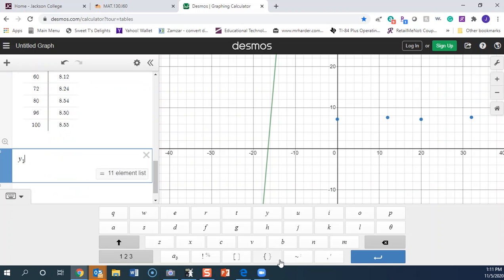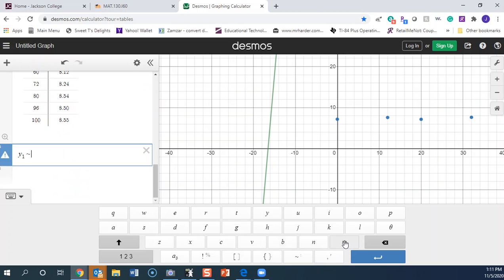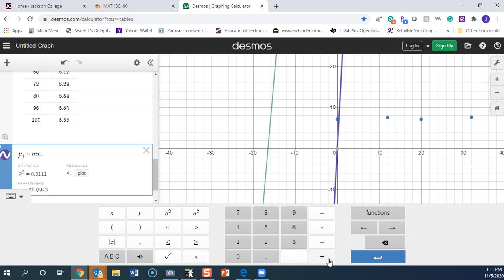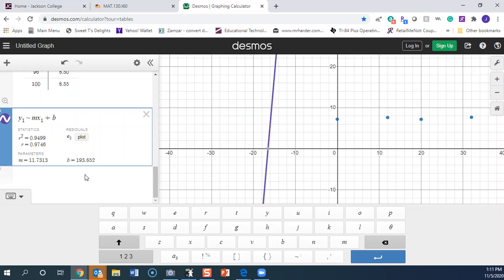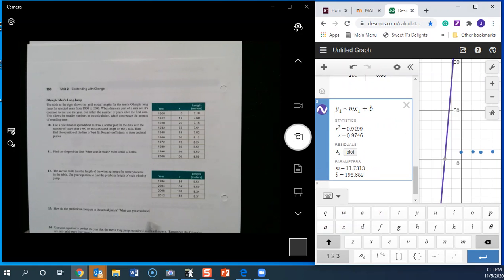It'll be y1, the tilde, mx1 plus b. And then we have our equation. So our equation would be, let me write this down. Our equation, you know what?